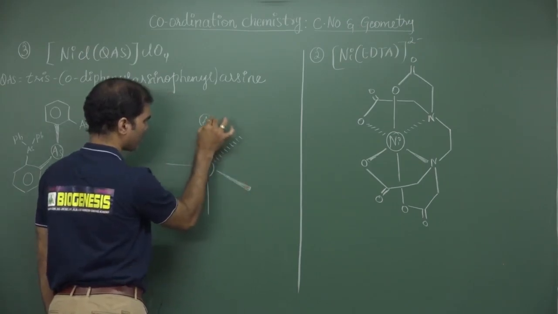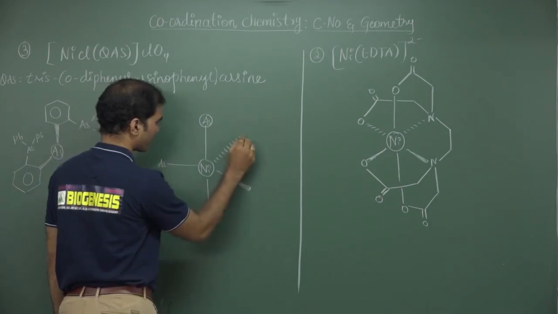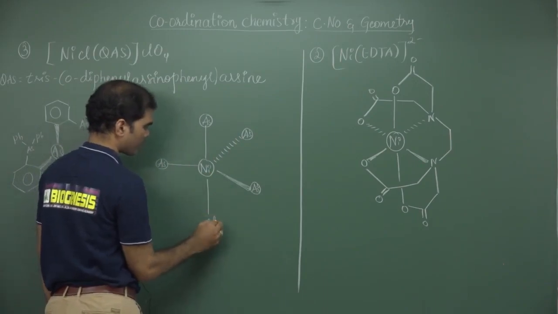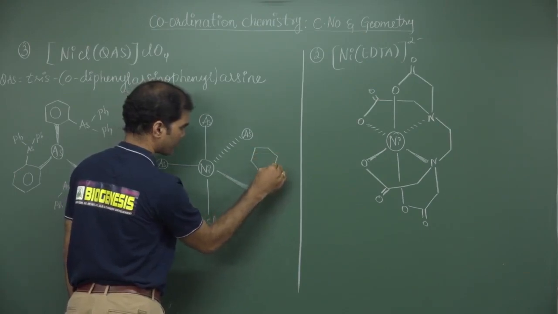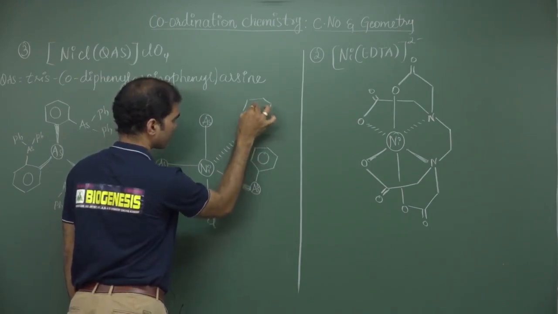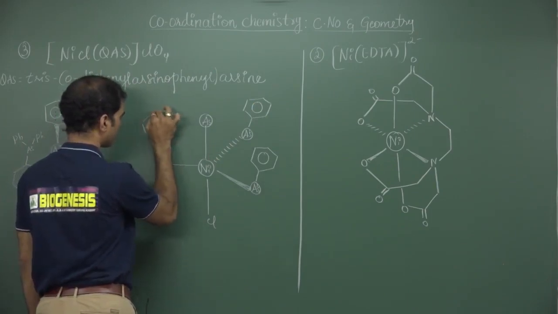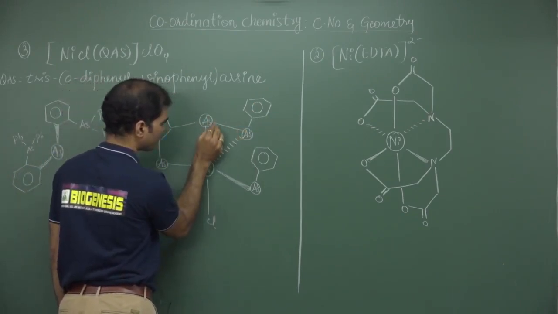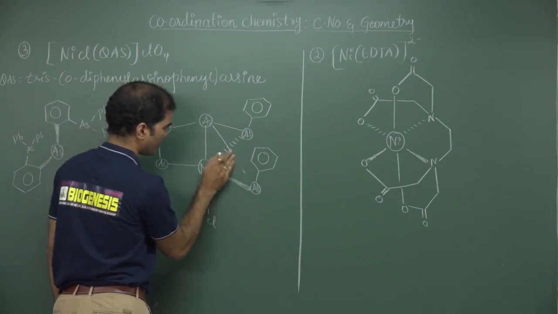This is the arsenic, which is the central one, and from this arsenic this is 1, 2, and here is another arsenic.